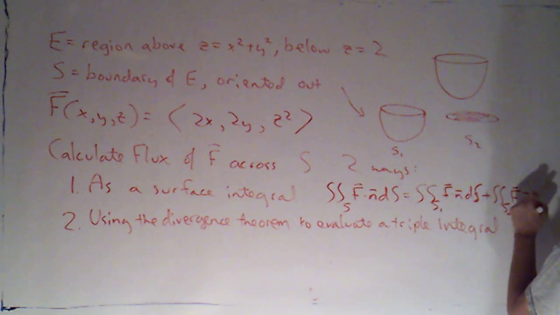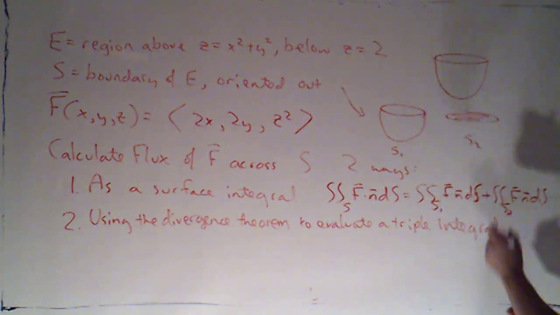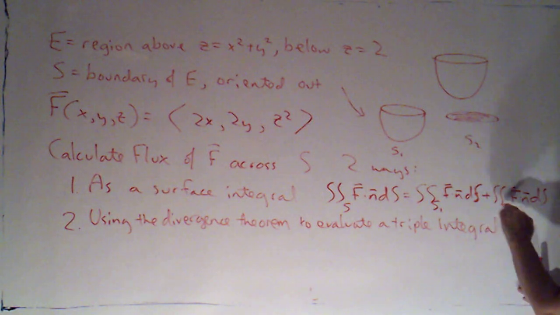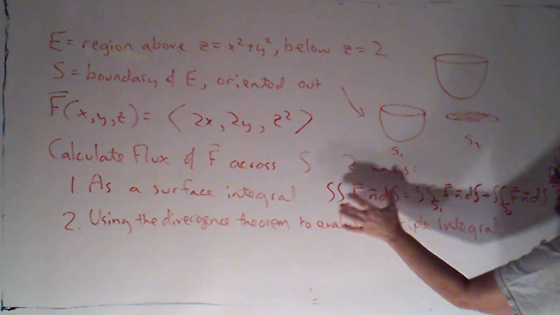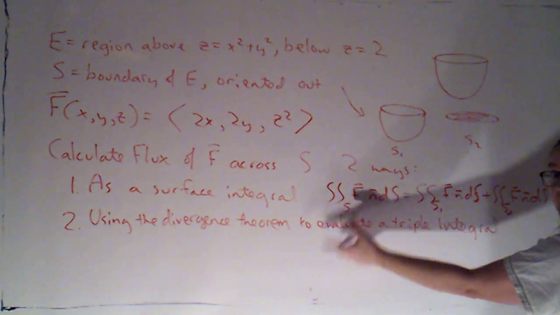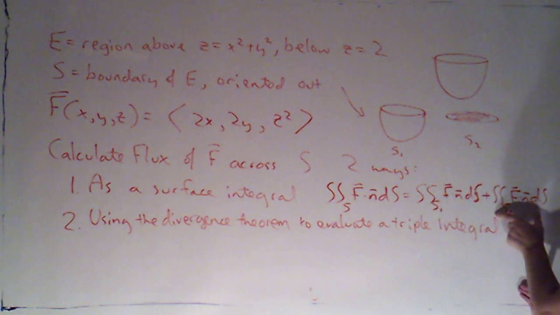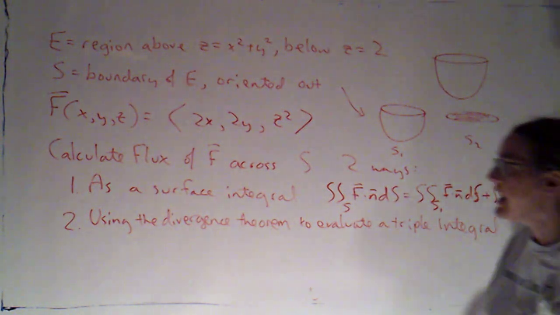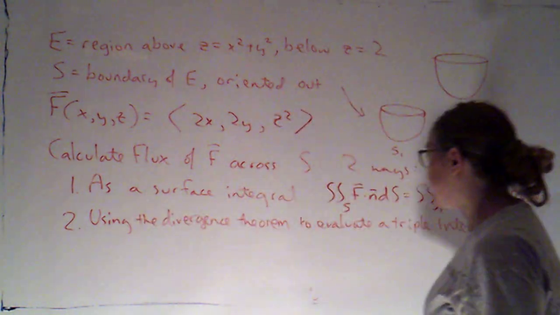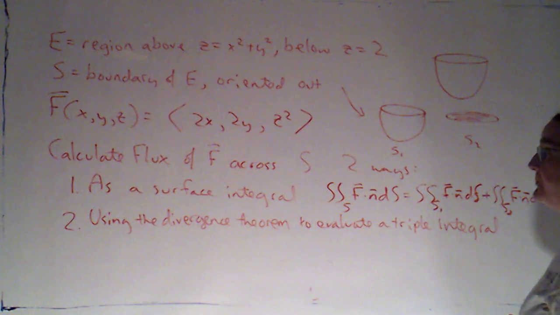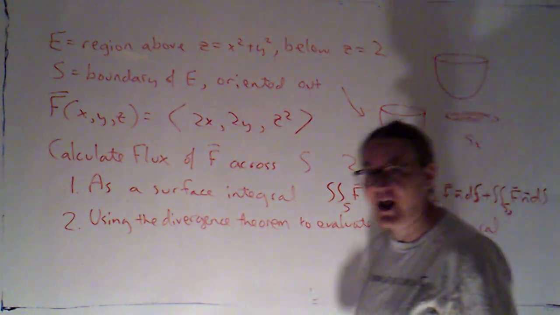So anytime we have a piecewise smooth boundary, we have to integrate along each of those pieces. It's still legal to write this as the double integral along S, but we actually perform the integration by breaking it up into two integrals. And then we're also going to use the divergence theorem to evaluate the appropriate triple integral. So we're going to do this two ways.